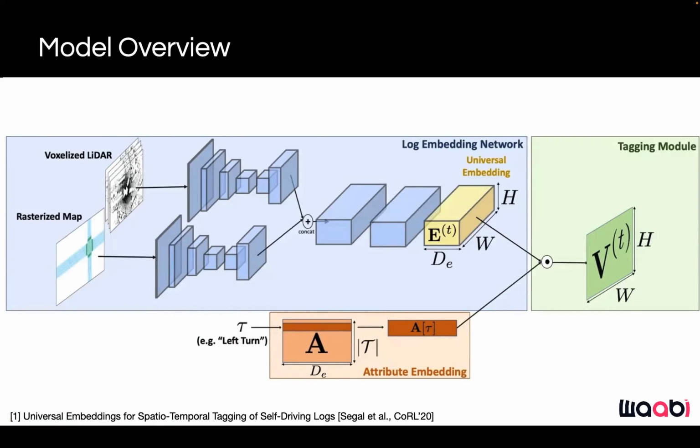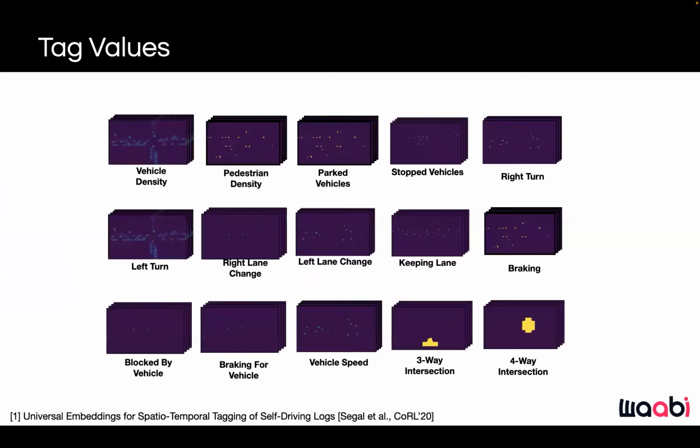Basically, you can learn representations that are space-time and queryable. Then you can learn representations for the attributes that you're interested in querying about, and you dot product them to say, is this happening here? It's very similar to how transformers work today. You can do the same thing to say, if I look at my space-time volume, these are all the different areas where some of these things are happening.